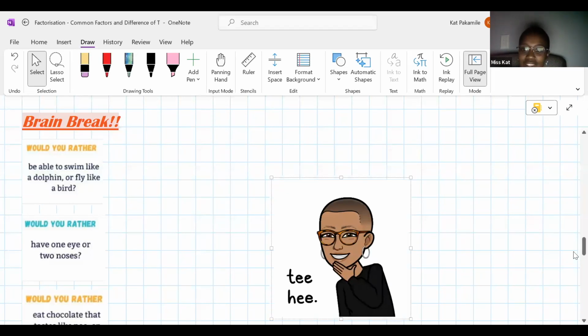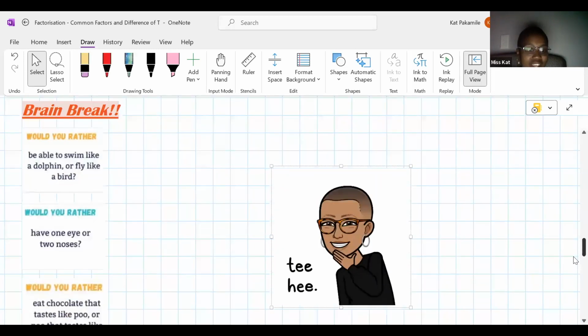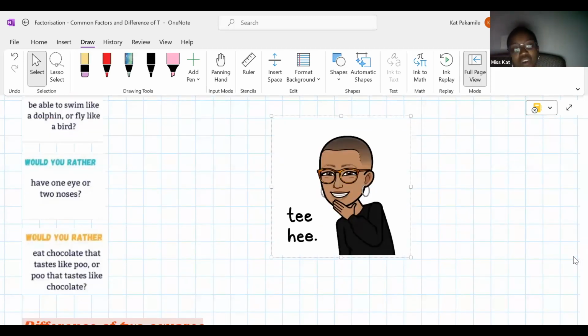The last one is hilarious and I like confusing everyone. Would you rather eat chocolate that tastes like poo or poo that tastes like chocolate? Palisa, what do you have to say? Ma'am, I would eat chocolate that tastes like poo. Thank you very much. The other class didn't understand what the problem with eating poo is.